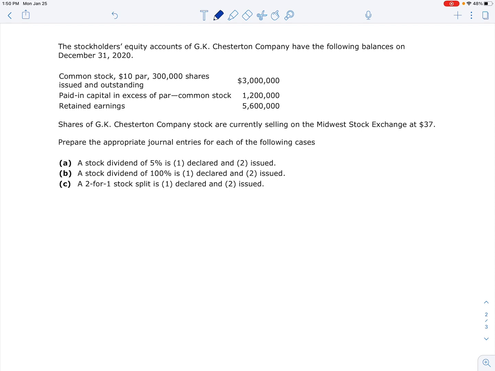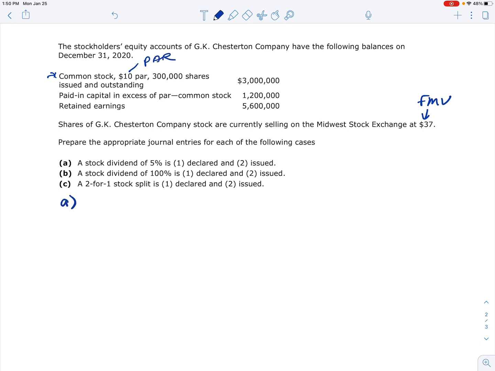So, walking through this, again, we're going to pull out that information that we need, noting that here's our common stock, how much retained earnings we have, and that our fair market value is $37. Our par value is $10.